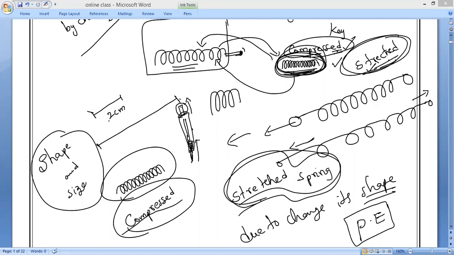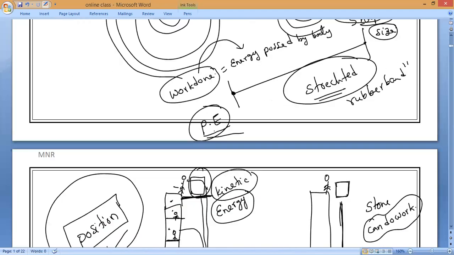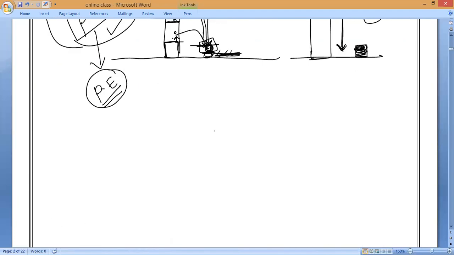Is it right or wrong? If you notice, when we apply the force, the shape and size is changing. That is what we call elastic in nature. So that is the first type of potential energy.